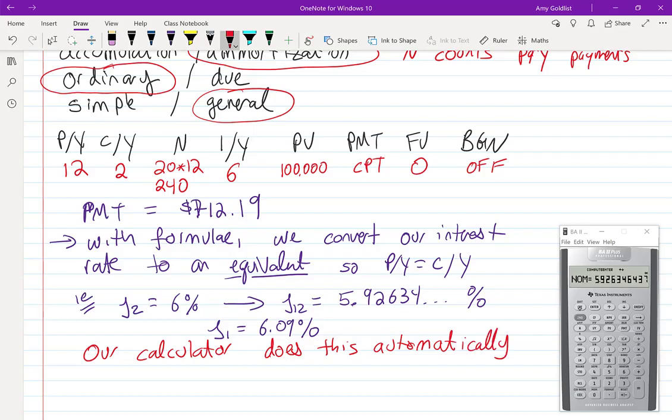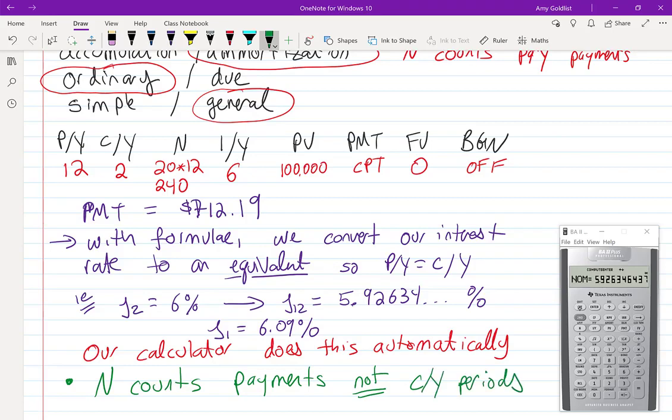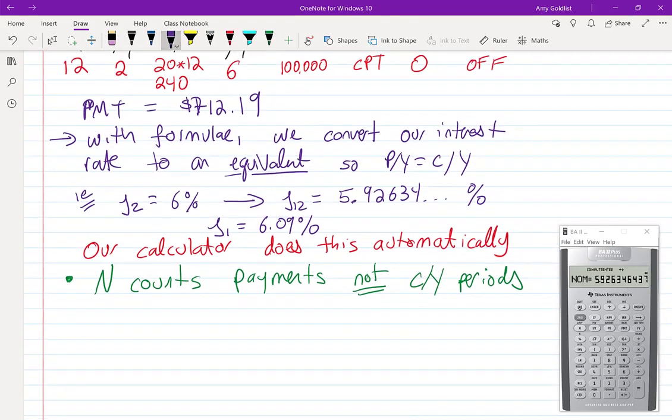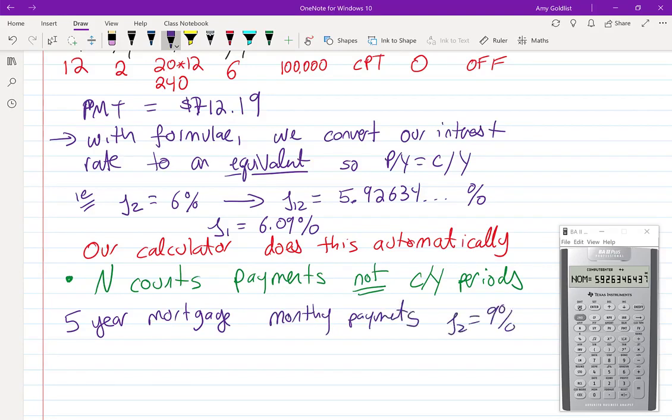And that's why we set it correctly, so that we can use our technology correctly. The important thing to always remember is that N counts payments, not compounding periods. So that's because things go together. So if, for example, let's say a 5-year mortgage, monthly payments, and J2 equals, let's go with 9%.